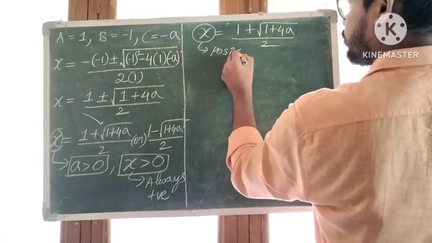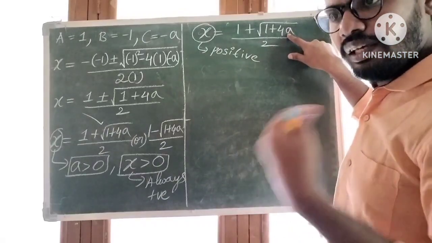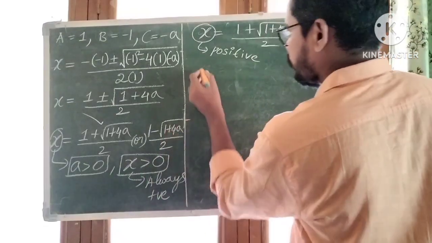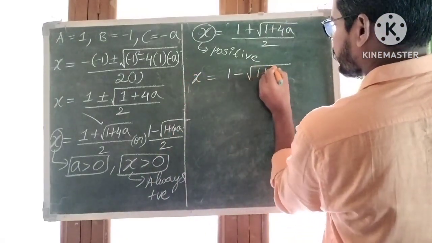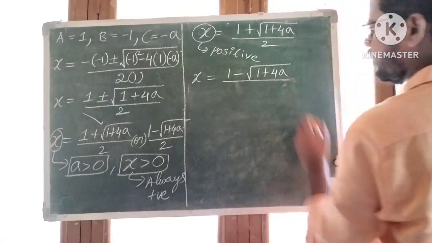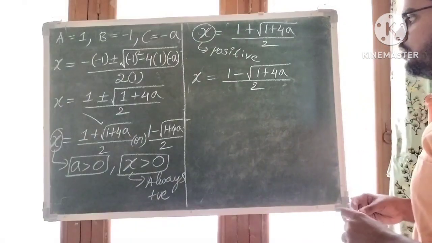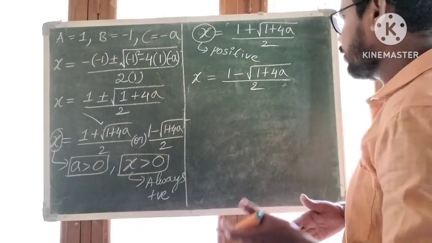So x is always positive. Whatever positive number we take in the place of a, x is always positive. What about this solution? x is equal to 1 minus root over 1 plus 4a, by 2.